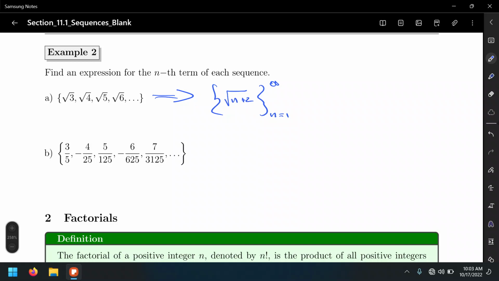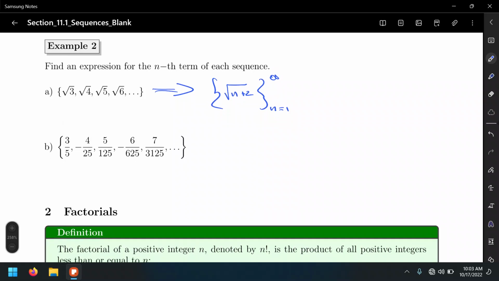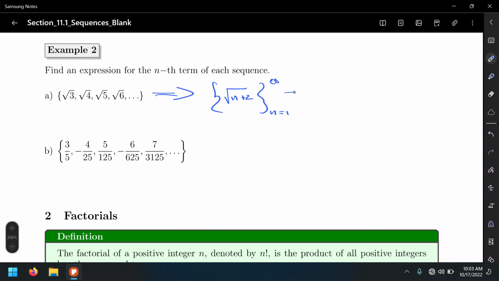Can we just start at 3 and then have it be the square root of n? That's what I was going to mention next. When it comes to infinite sequences, there's not only one way to express them. Like he mentioned, we can start our sequence at n equals 3 all the way to infinity and have the square root of n. That's another way to express it. It's the same thing.